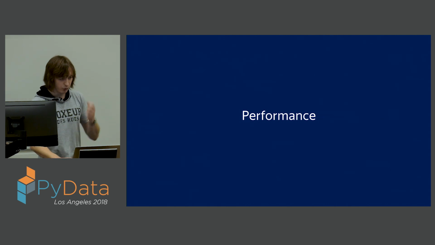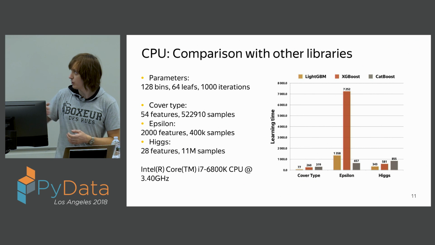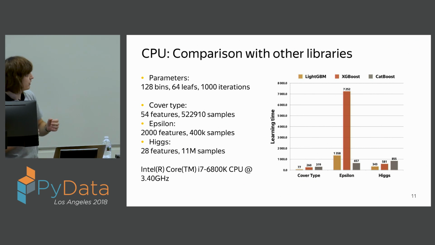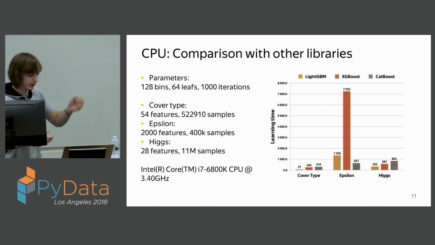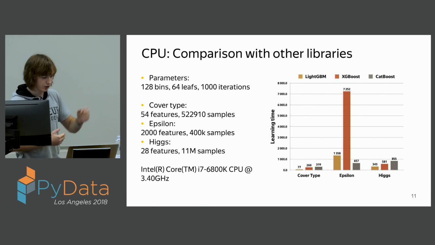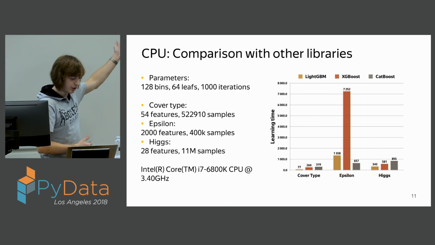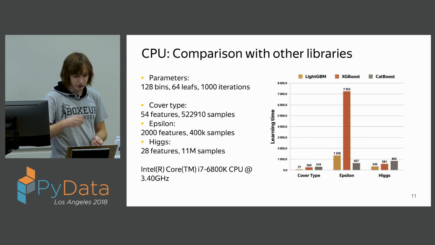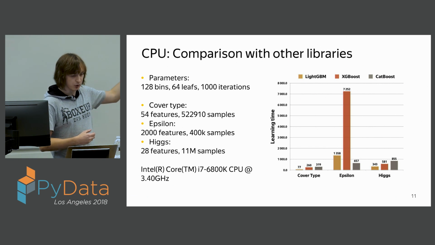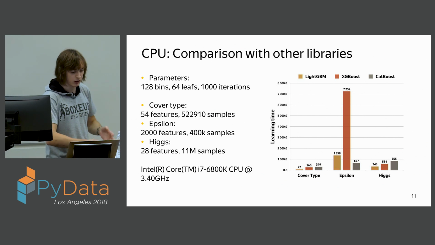Firstly, our CPU version will be comparable in speed to the other libraries. To prove this, we've measured the time that we need to learn 100 decision trees with a similar complexity on 3 datasets. The sets you can see on the slide are sets with just numerical features. And as you can see, sometimes CatBoost is faster, like on the epsilon set, sometimes it's slower, like on Higgs or cover type.